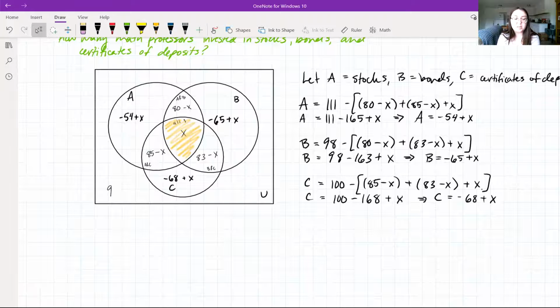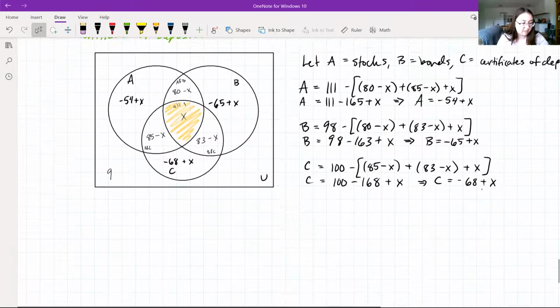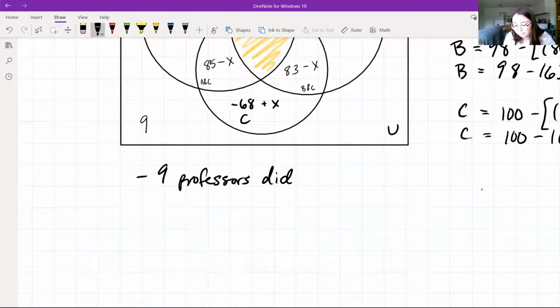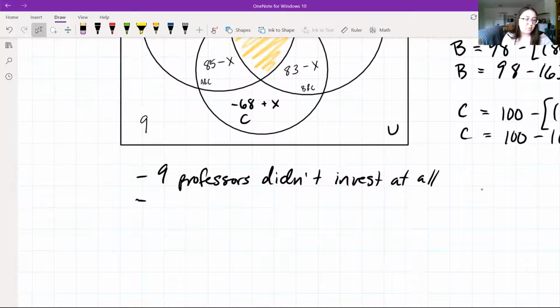Now we can move on to trying to find how many professors invested in all three. So we know that 9 people didn't invest in anything. So let's label the things we know. We know 9 professors didn't invest at all. We know that we interviewed 150 professors.